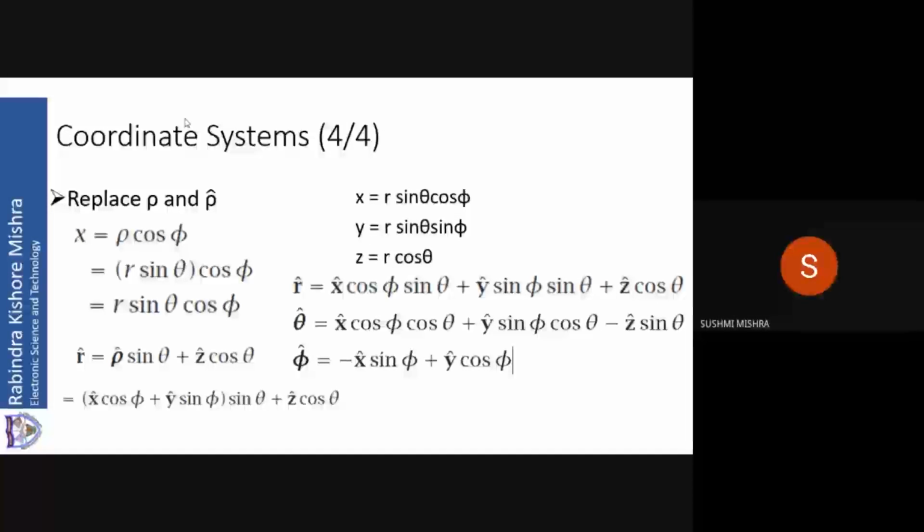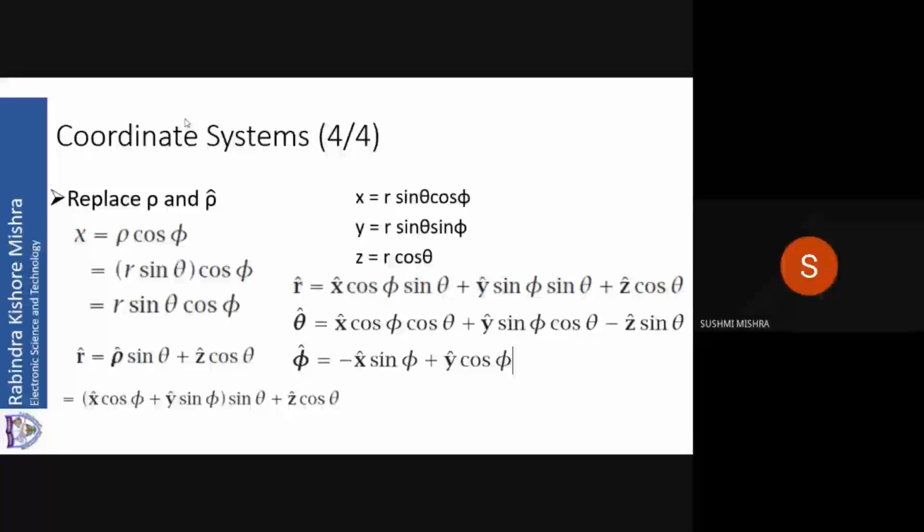Then phi cap is equal to minus x cap sin phi plus y cap cos phi. So this we have already seen in the previous slide. So r cap, theta cap, phi cap in terms of x, y, z we have found out, and x, y, z in terms of r, theta, phi we have found out.